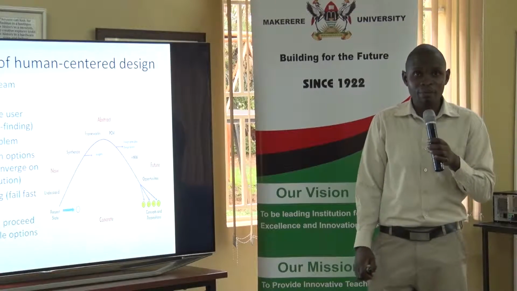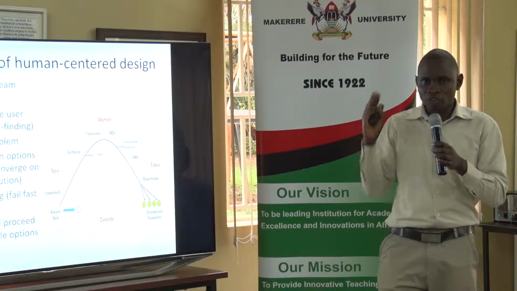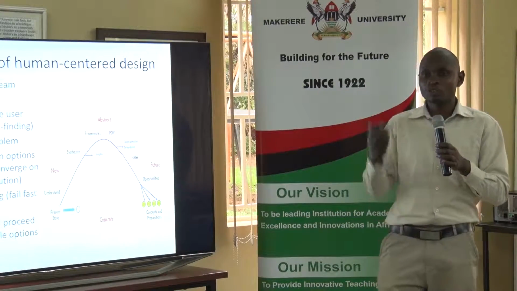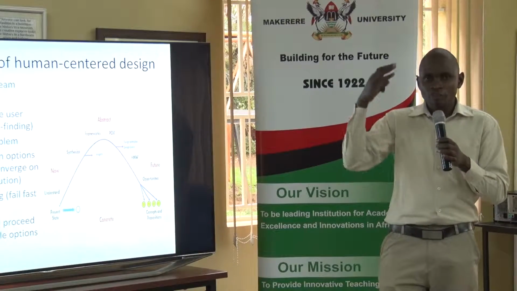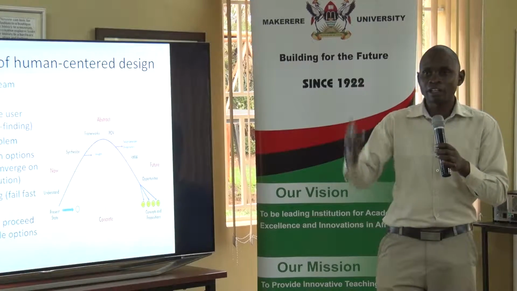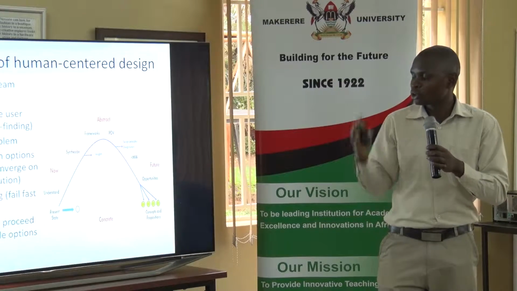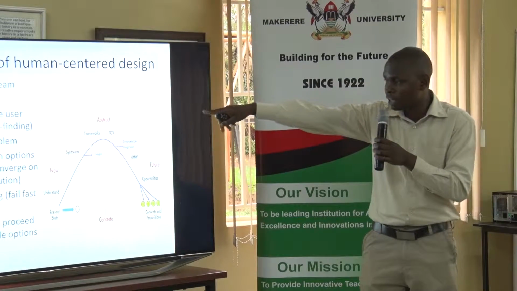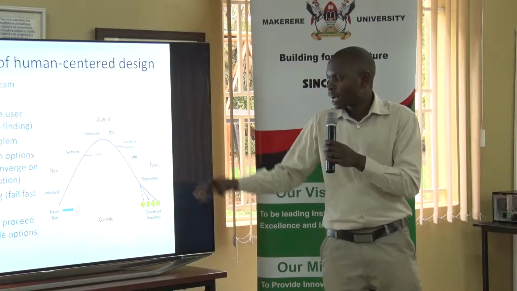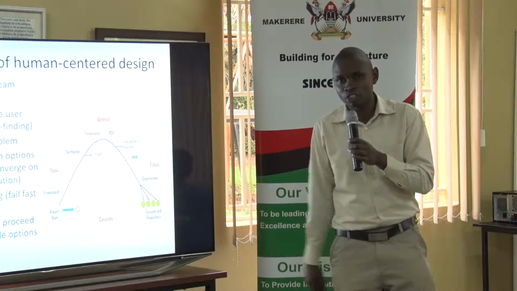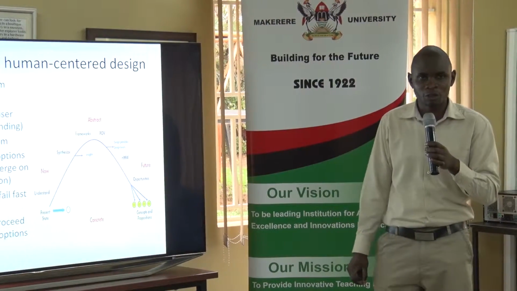In rapid prototyping, the core purpose is trying to visualize how the final solution will be and how it will be able to solve the problem that you identified in number 1. And in rapid prototyping, as we shall see, you use the most available material.